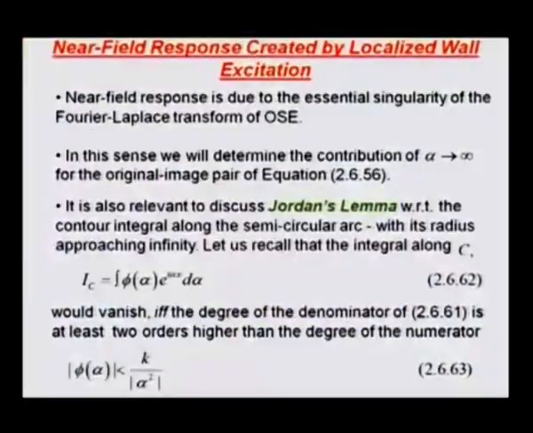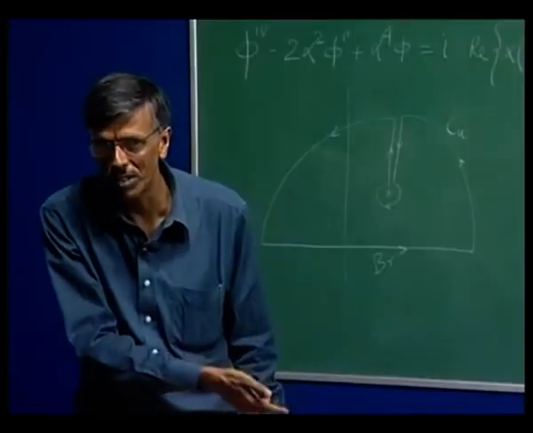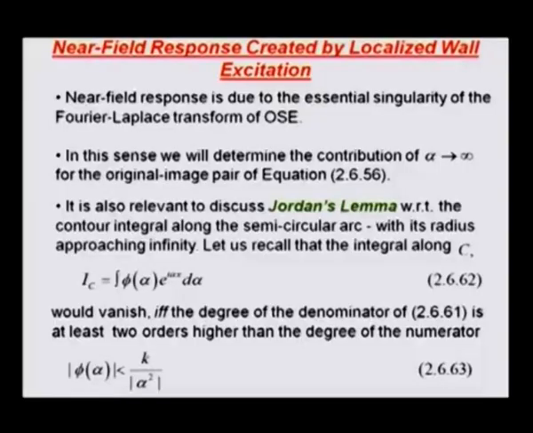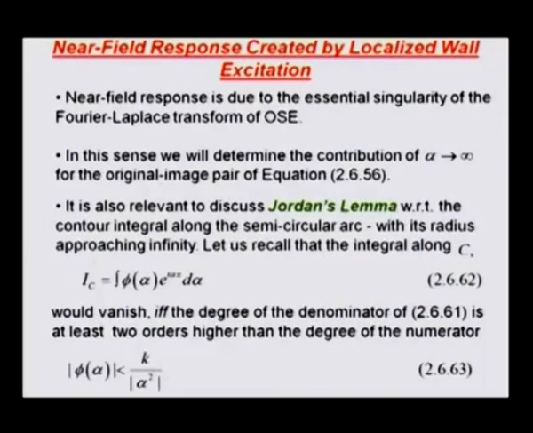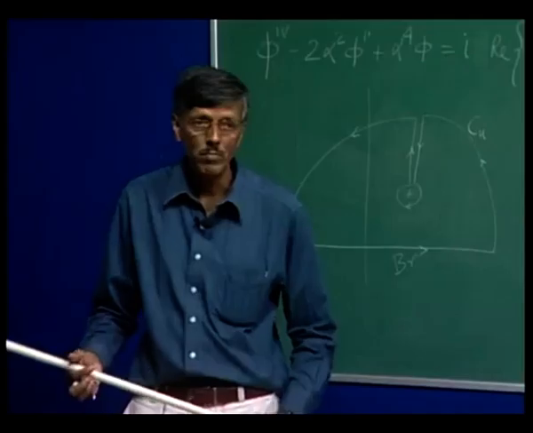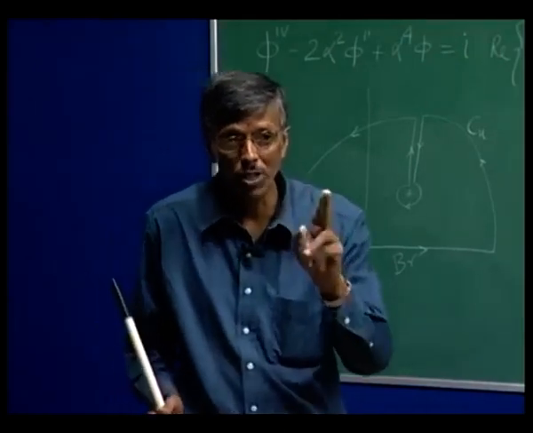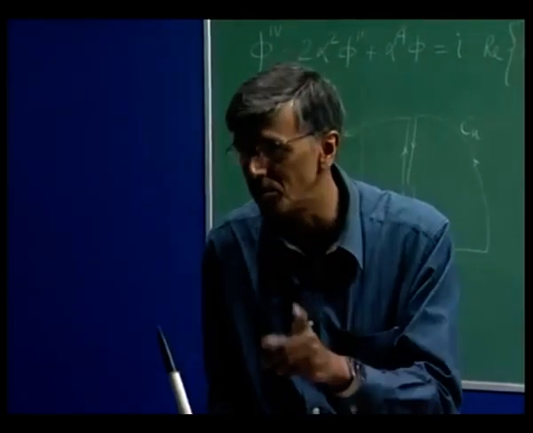It should have again a numerator by denominator, like what we saw in the morning today itself. However, it should not only be a rational fraction kind of a thing, but the order of the denominator must be at least 2 degrees higher than the order of the numerator.